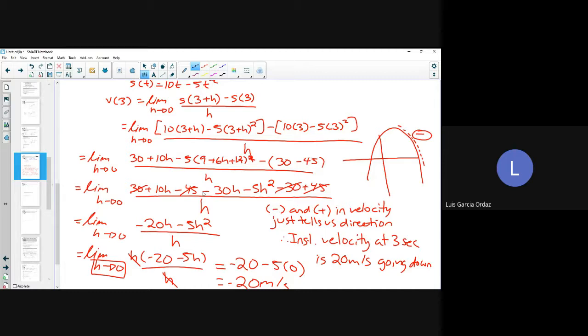Okay? So is everybody okay with this example? Any questions about this example?